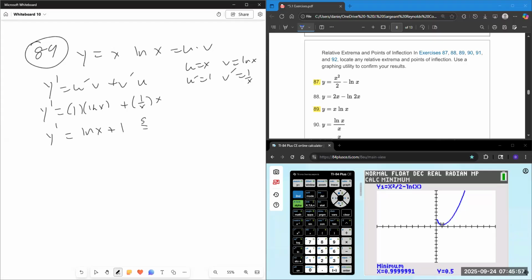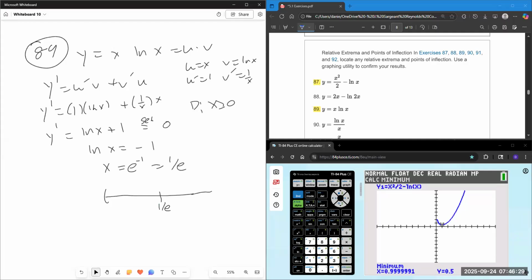If I set that equal to 0, then ln of x is equal to -1. X is equal to e to the -1st, or 1 over e. And I have a domain here of x greater than 0. So that critical number is in my domain, 1 over e.